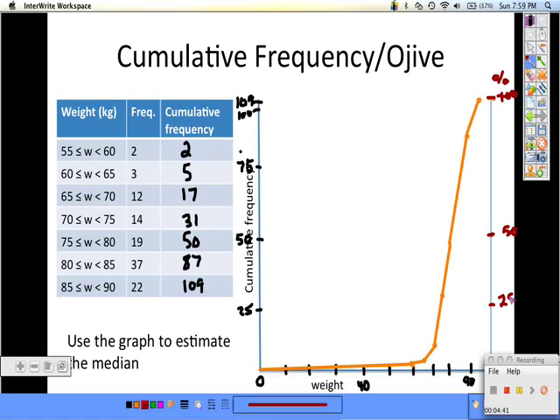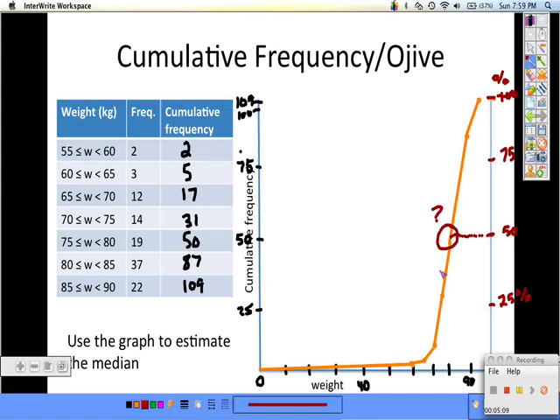The 25th percentile, or Q1, and then this would be the 75th percentile, and we could break it down further. What I can do is extend this 50th percentile over and see what would be halfway on this ogive to give me my median, what would be the middle value.